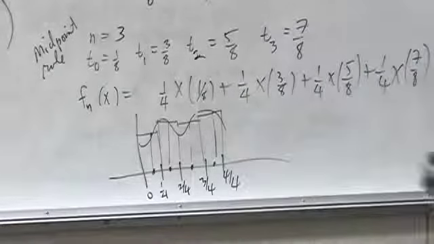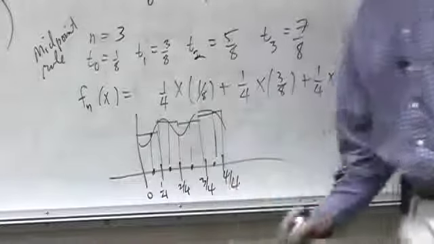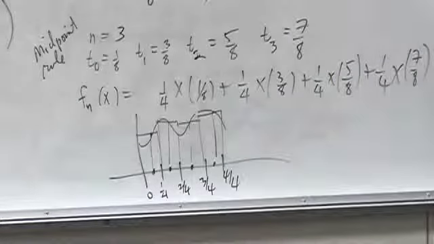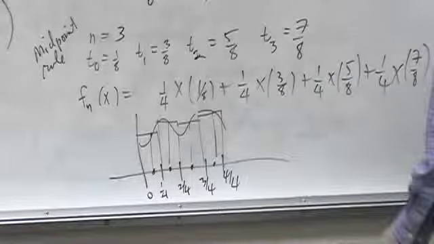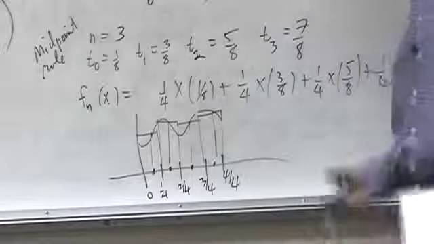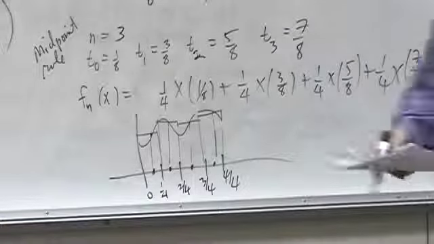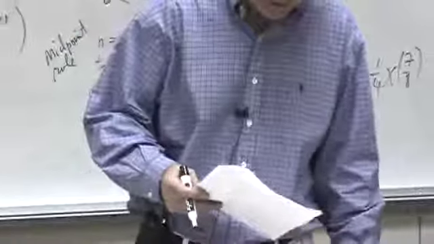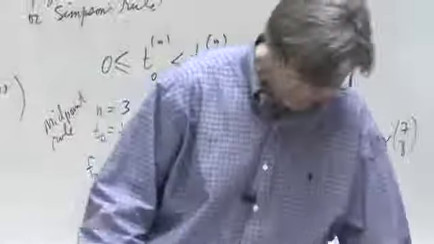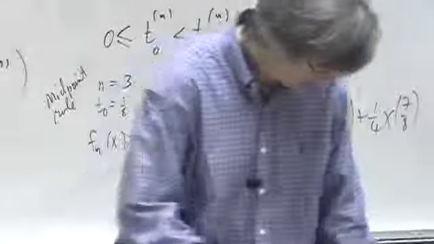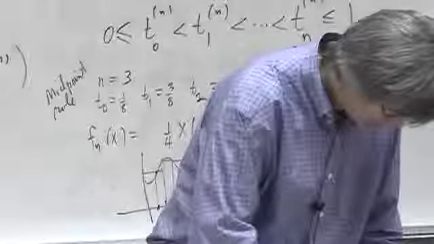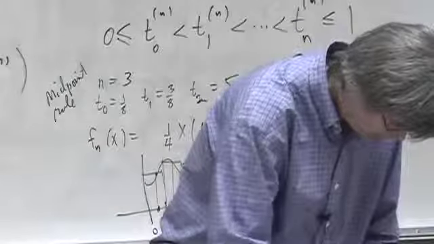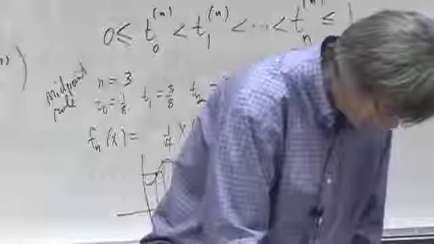So I have the areas of 4 rectangles that I'm adding there to approximate the integral. Apparently his scheme, with the n, has n plus 1 nodes, that I don't like. But anyway, that's what he's done, because he's doing something a little bit different.